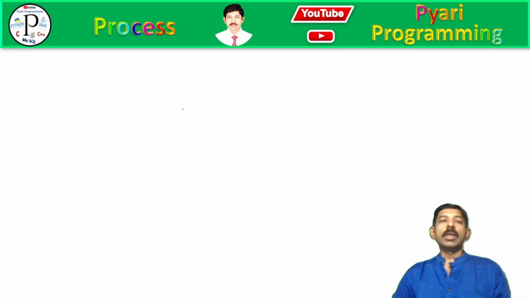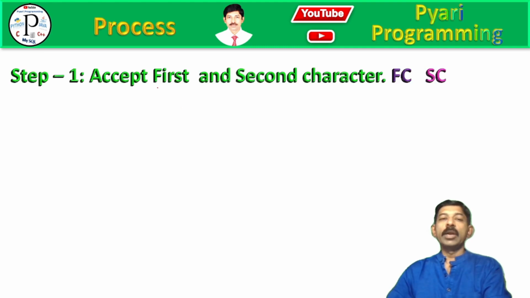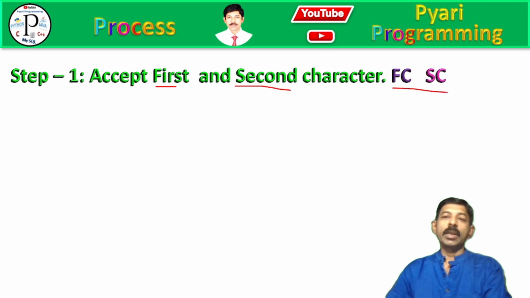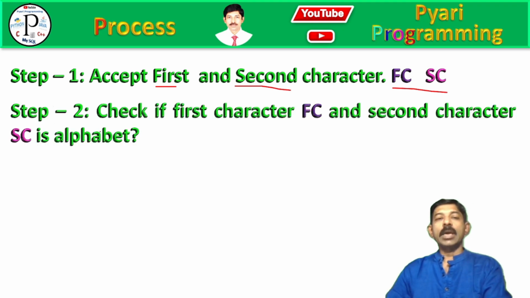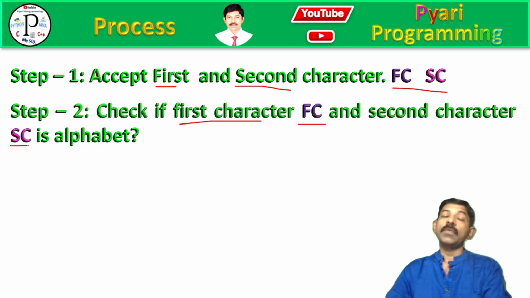Now it's time to learn the process, how exactly we need to do this. First of all, I need to accept the first and the second character, and I will store them in two variables. I have taken FC and SC. Now after that, the next step is check if the first character FC and the second character SC are alphabets, then only I will start the processing.